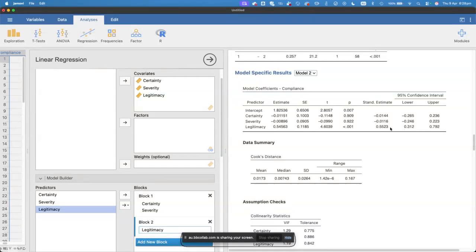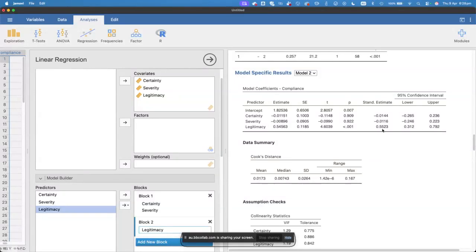I'm assuming, Rochelle, you're looking at this 0.312 and the 0.792, and seeing that it does not overlap with the negative 0.246 and 0.223, and the negative 0.265 and 0.236. So this confidence interval is quite far ahead of these two. And so we could say legitimacy is the largest predictor of compliance through the standardized estimates.